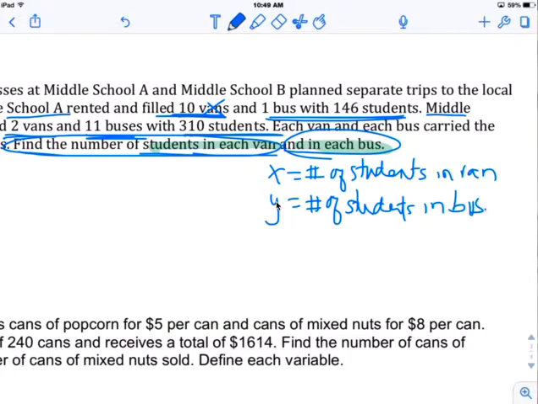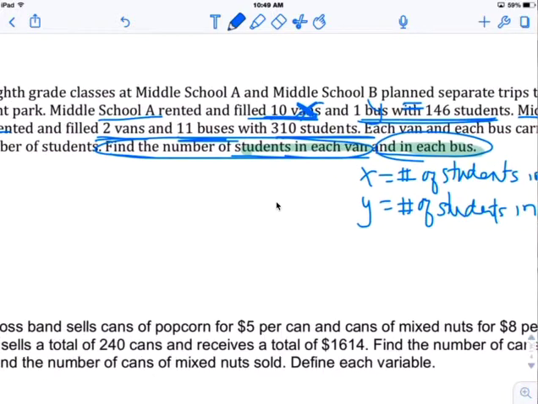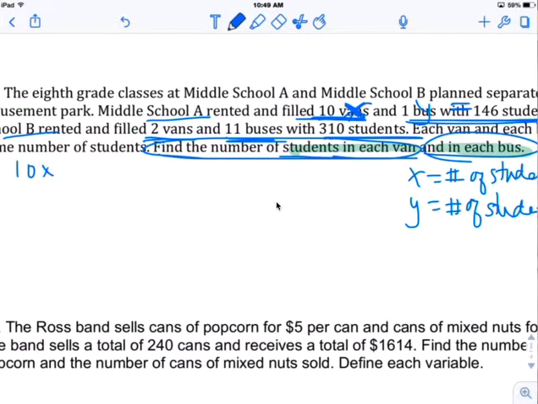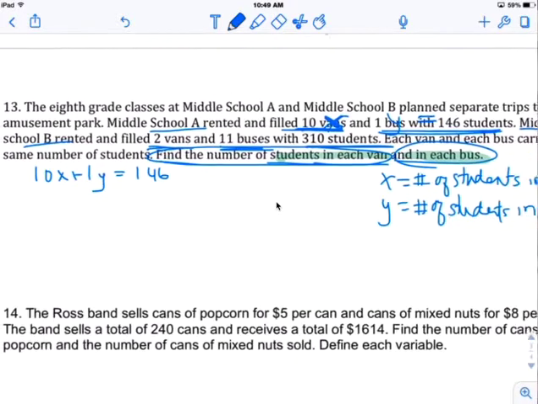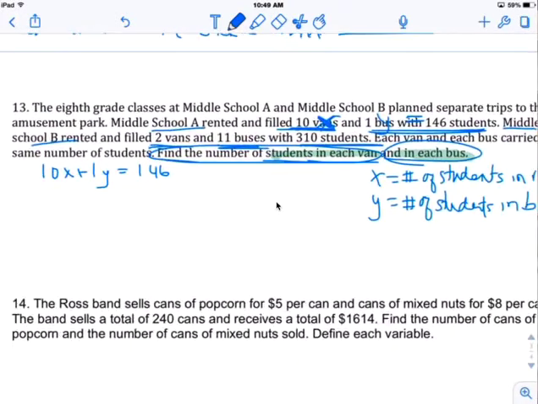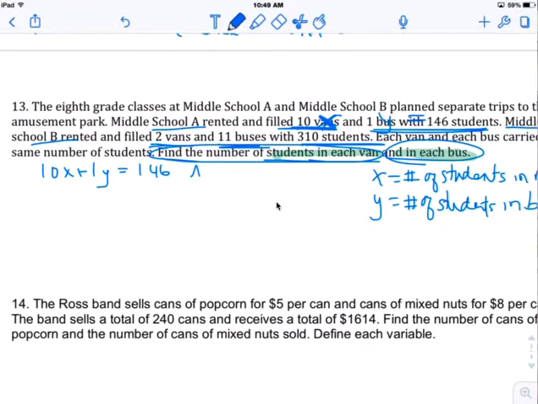We don't know how many students, so we give it x. Plus 1y, equals 146 students. That's Middle School A. Middle School B is 2 vans, 2x, plus 11y, 11 buses, equals 310.